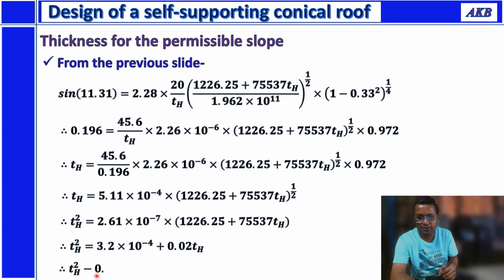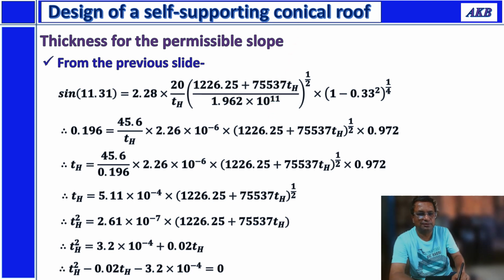So ultimately we'll be having this equation, th square minus 0.02 th minus 3.2 into 10 to the power minus 4, that is equal to 0. Now our task is to solve this equation to get the values of th. There will be two values for th since it is a quadratic equation, and you need to discard the negative value and select the real value for thickness of the shell. Now thickness for the roof.